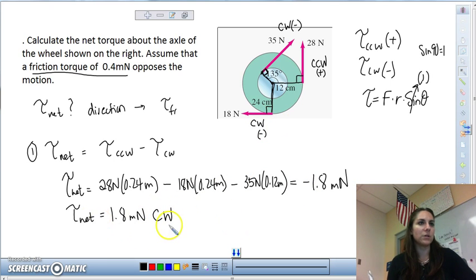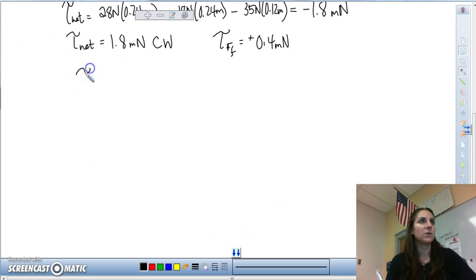So if our net torque is clockwise because of the negative sign, then our torque from friction has to be opposing that, so it actually is going to be a positive value when we add that in. So, finishing off, torque net will be our net, which you can leave as negative like that, plus our friction.